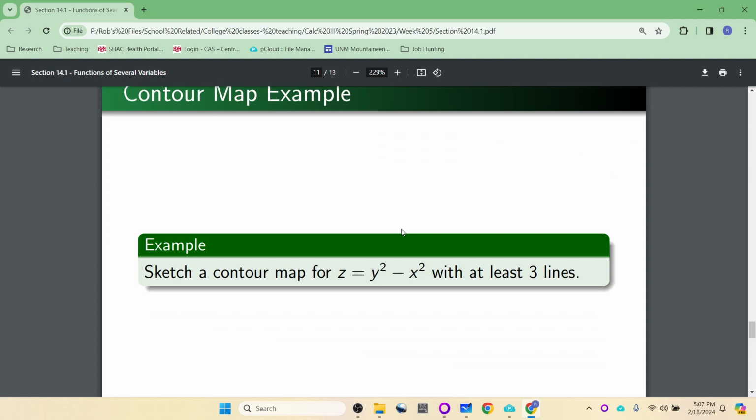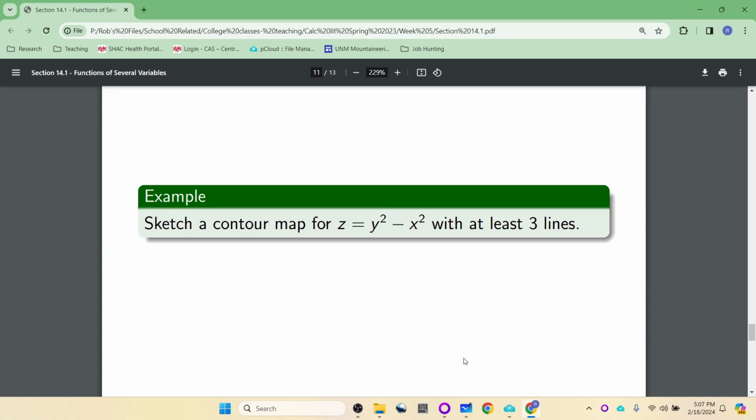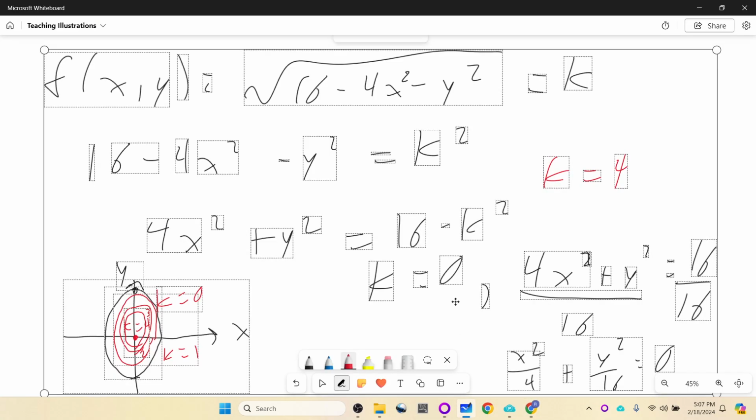Here, let's sketch a contour map for z equals y squared minus x squared with at least 3 lines. z equals y squared minus x squared. And if you think this all seems familiar, it does. There's some repetition in math in general. Okay, so we want to pick different values for z.